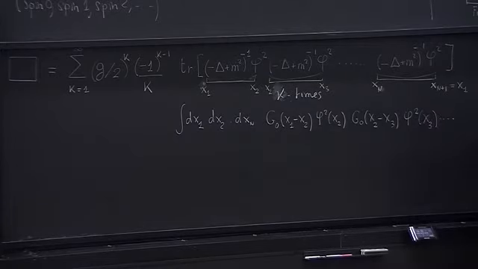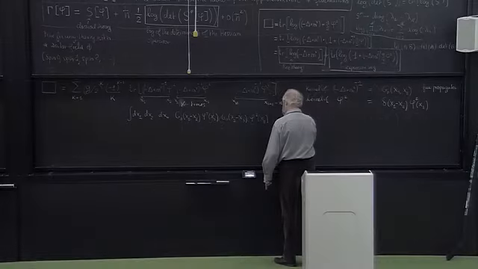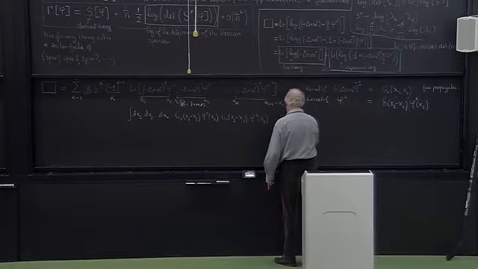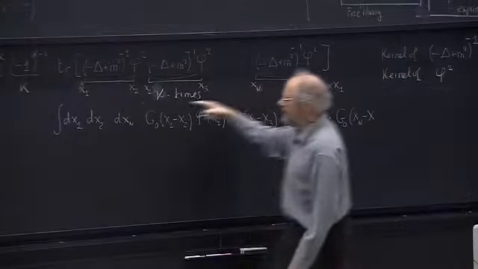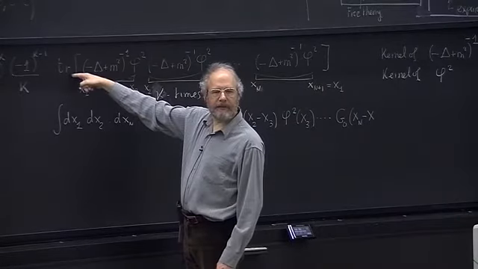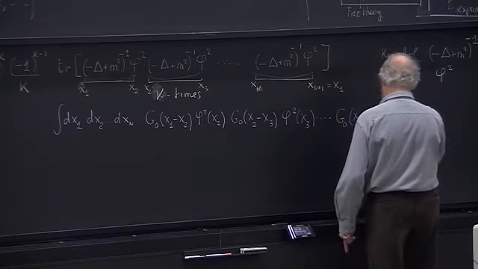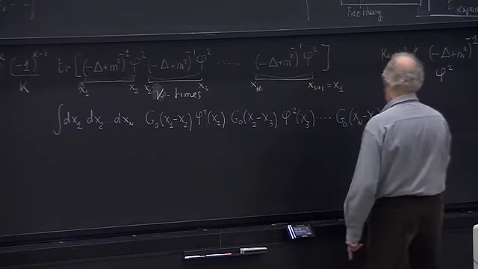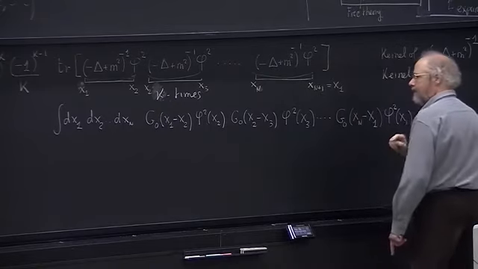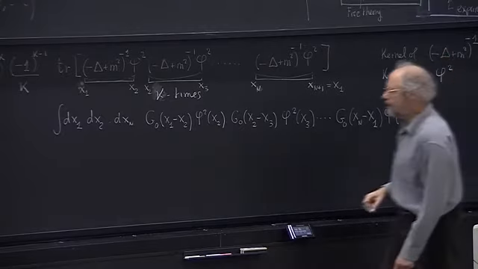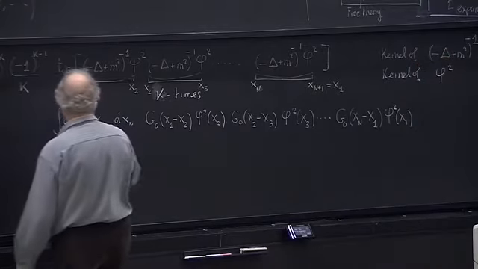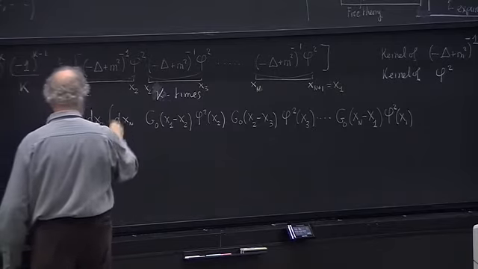And I continue up to the last term, which will be the propagator of xn minus the last point that is identified with this one because I take the trace. So it's xn minus x1 times phi squared of xn plus 1, which is x1. Okay. So I have a big integral over all the points here.